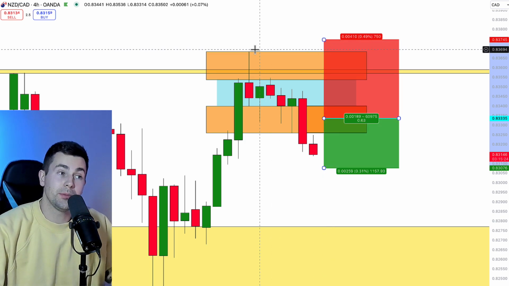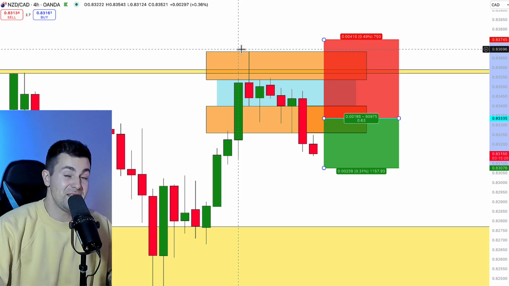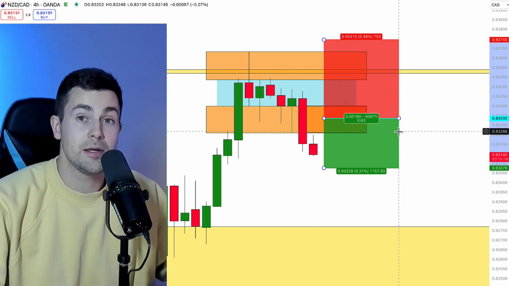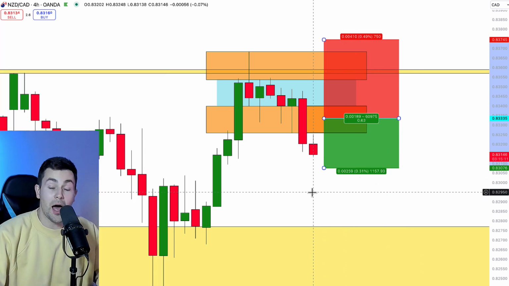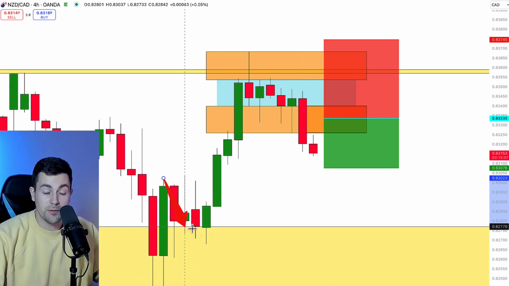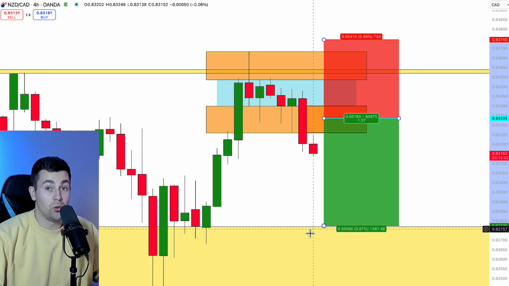Setting our stop loss above that high, our trading position will be very protected against the manipulations, against the traps, against the liquidity grabs. Then our target for the trade will be the support that we spotted on a daily. That is our target for the trade.